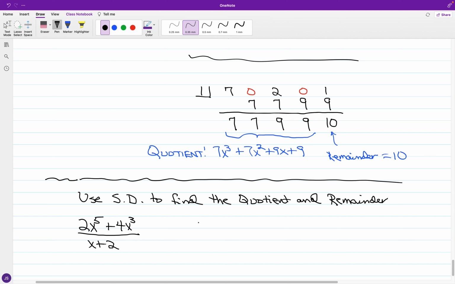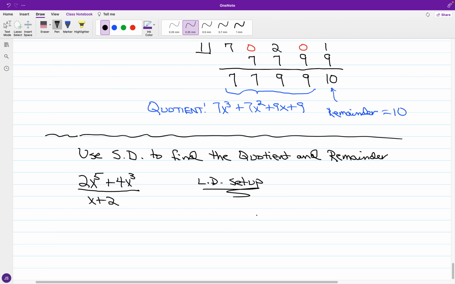Okay. Now I'm still going to use synthetic division, but I'm just going to give you a visual in terms of the long division setup. For the long division setup, again, your divisor we have as x plus 2.